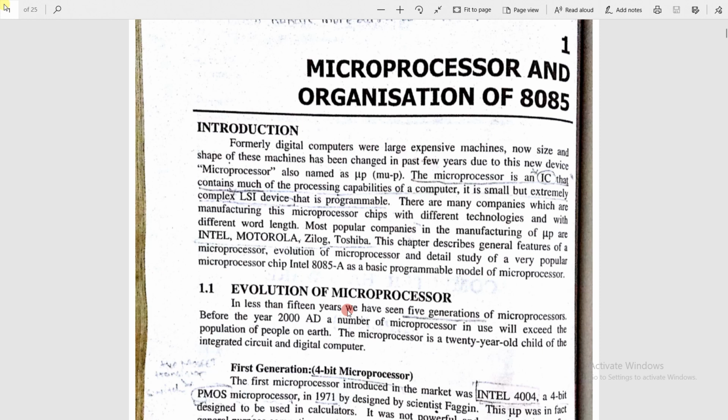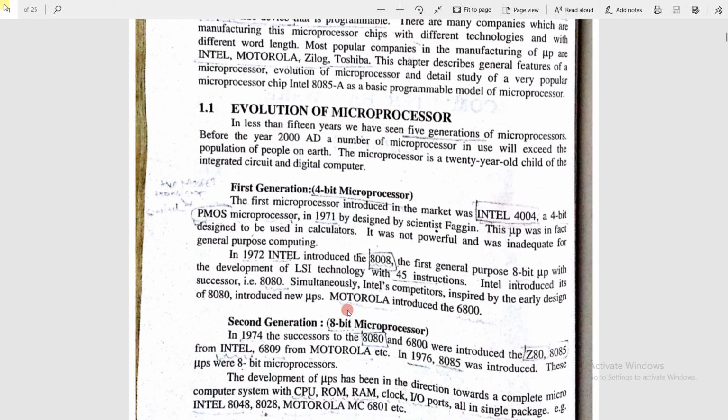All the arithmetic and logical operations are done by the processors, like addition, subtraction, multiplication, logical AND, OR, XOR. All these operations are done by microprocessors. We had learned the evolution of microprocessors. Here we have to keep in mind the timeline of the microprocessors.